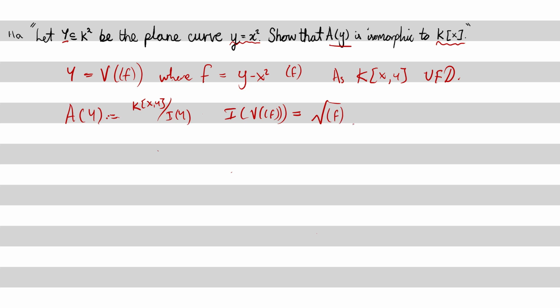But as f is irreducible, the ideal generated by it is prime, so it is radical. So it is the same. Hence, this is equal to K[x, y] over y minus x squared.